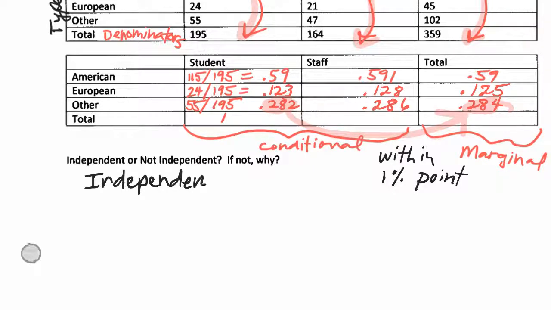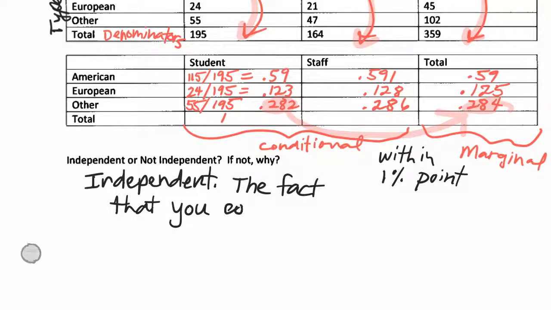And then we're going to think of the song, because the fact that you are a staff or student member does not change the rate at which you own a particular type of car.